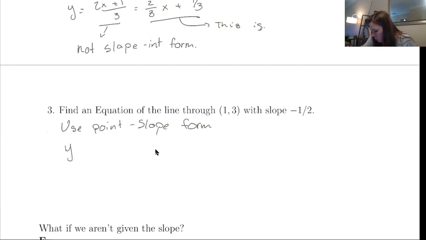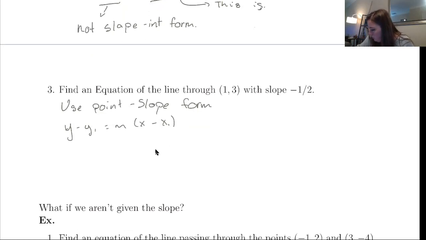So point slope form, remember, is y minus y1 equals m times the quantity x minus x1, right? I don't want to distribute the m. I just want to keep m outside. Okay, so our slope is -1/2, and that's our point.